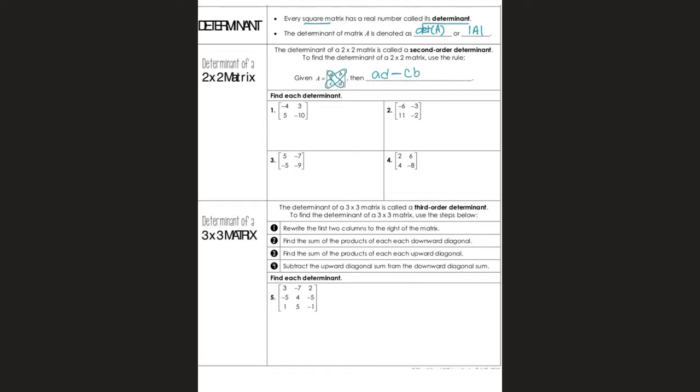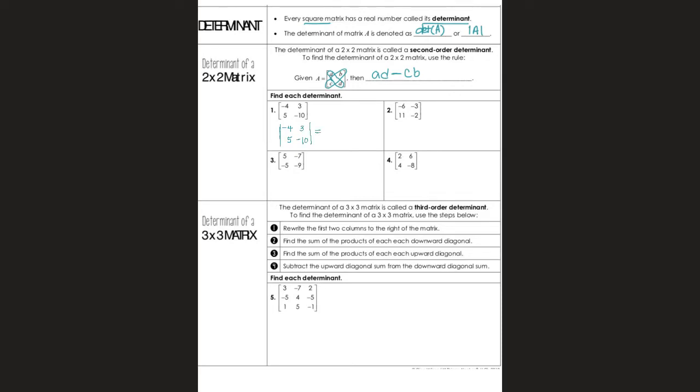All right, so for number 1, whenever we're going through these, you do need to keep in mind that we are going from the matrix to a determinant, so we are changing those brackets to bars, and then we're rewriting our elements.